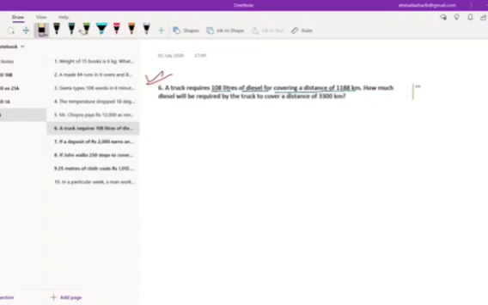Okay, so now let me do this. You will write, in 108 liters of diesel, the truck covers 1188 kilometer distance.